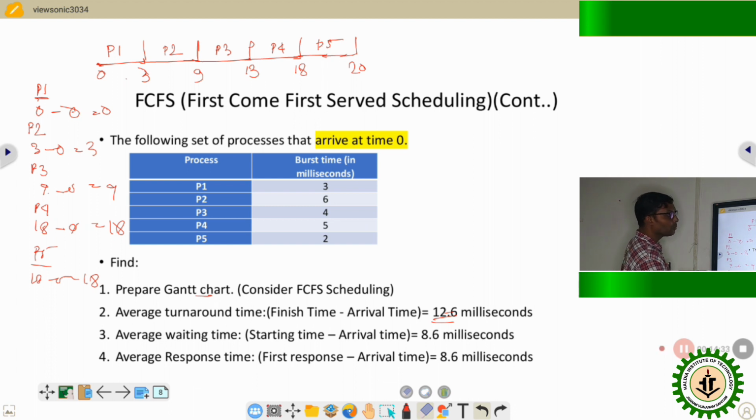P4 starting time is 13 minus 0, that is 13, and P5 starting time is 18 minus 0, 18. If we add all those, we get 8.6 milliseconds. Since the average response time calculation is the same as the average waiting time, you will get the same result, 8.6 milliseconds.